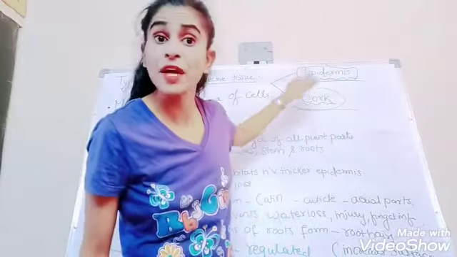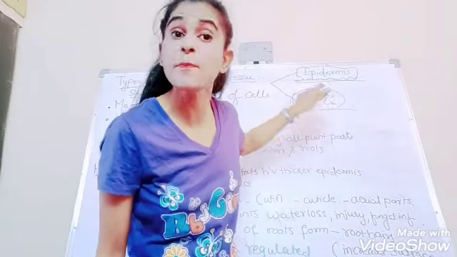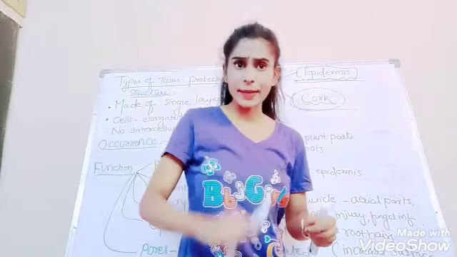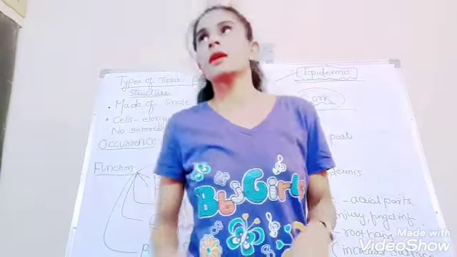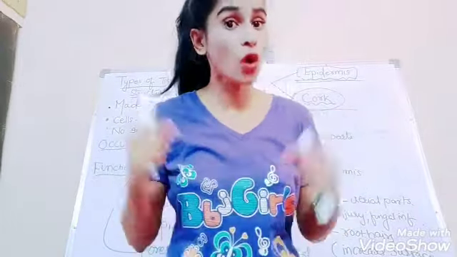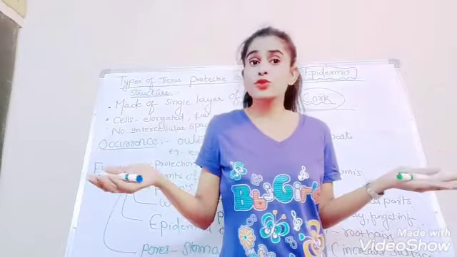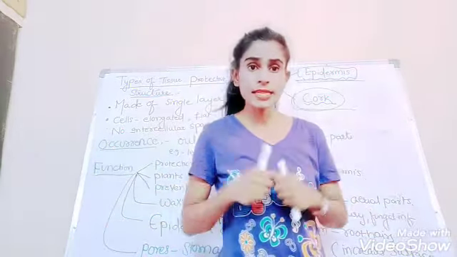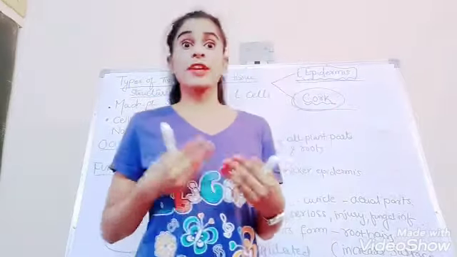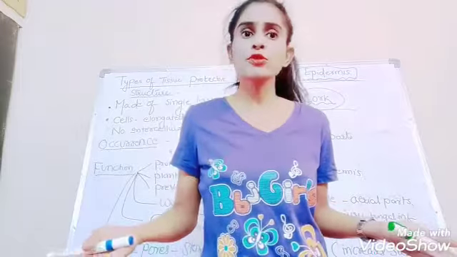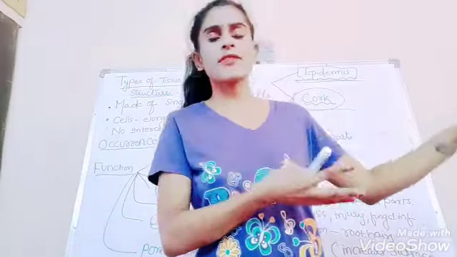These protective tissues are present in plants to provide protection. Let's take a better example. Suppose it's winter season and we are feeling cold. What do we do? We wear a sweater or a jacket. Or if it's rainy season or very hot outside, what do we do? We go and sit at home.